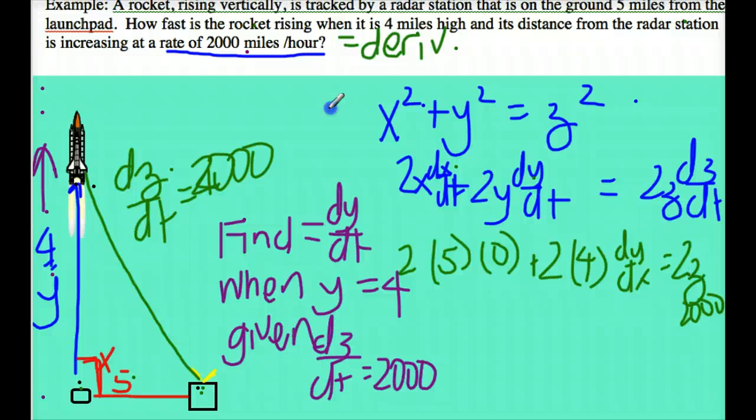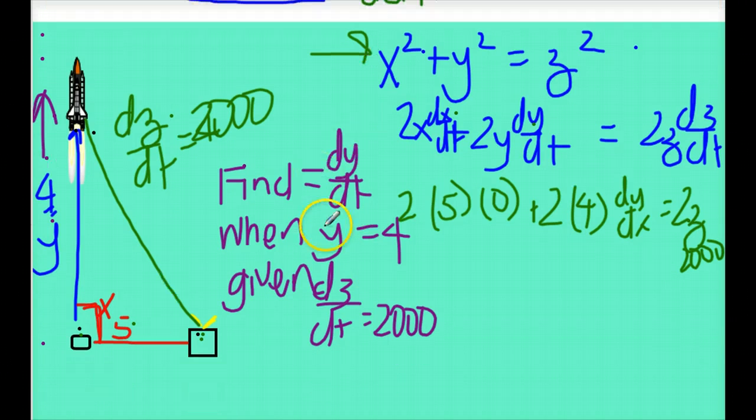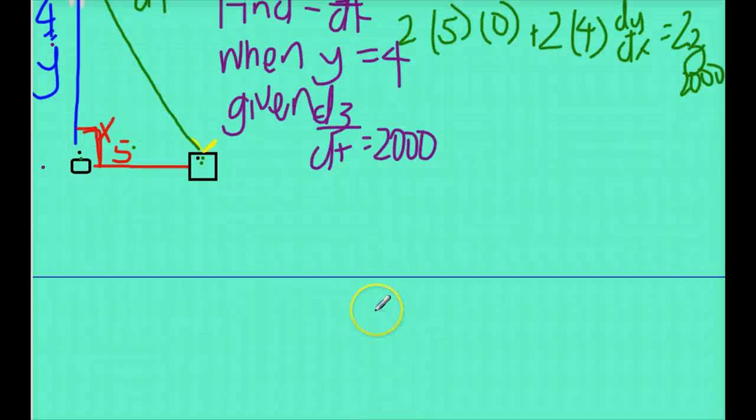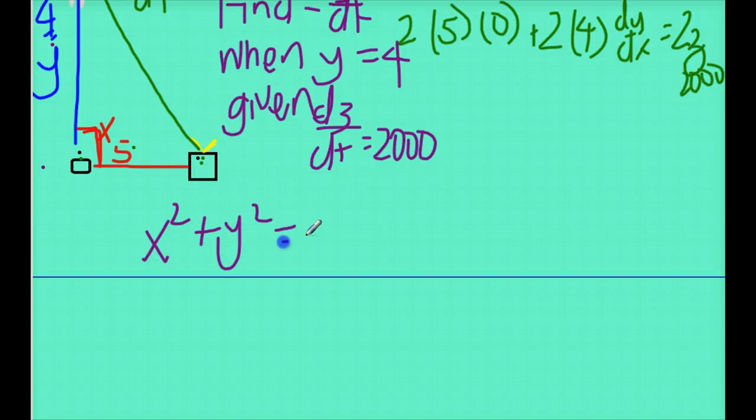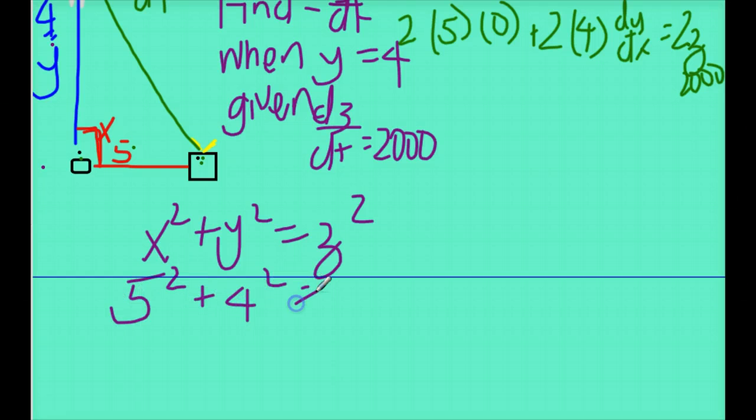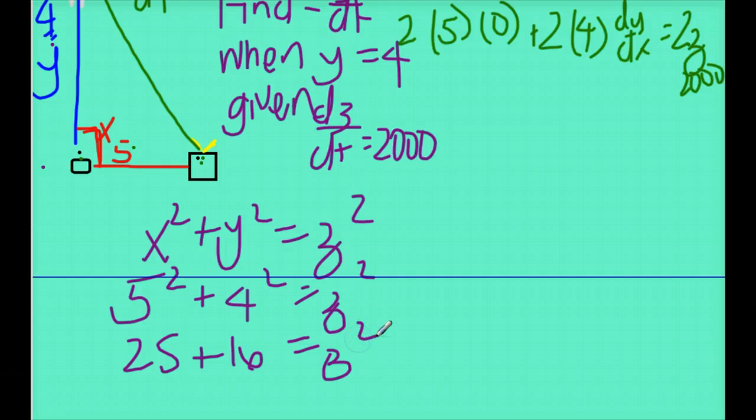Well, I could find it by using the original equation. So let's go ahead and use the original equation to do this. We know x squared plus y squared is equal to z squared. So if I plug everything in, I get 5 squared plus 4 squared equals z squared. That gives me 25 plus 16 is equal to z squared.